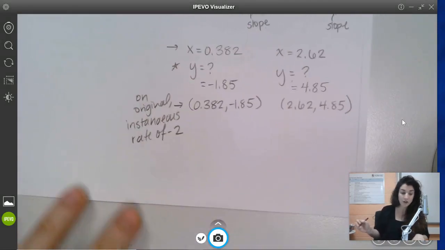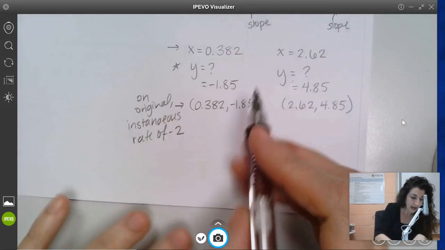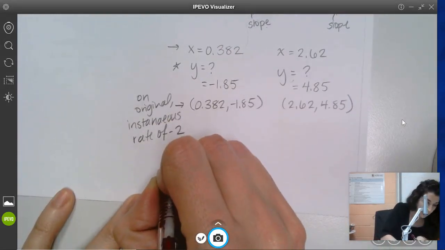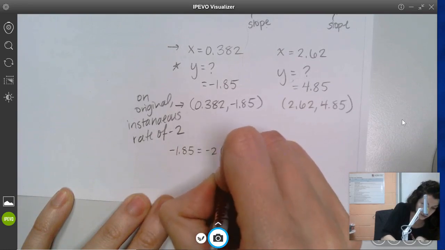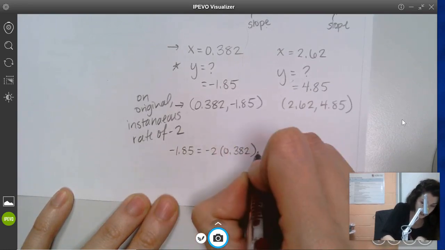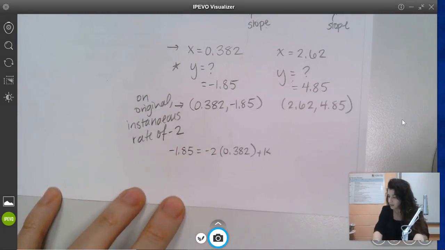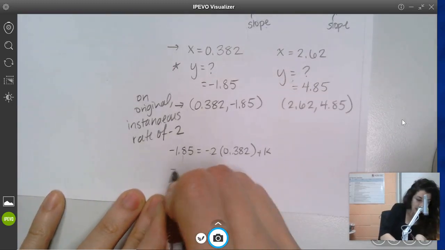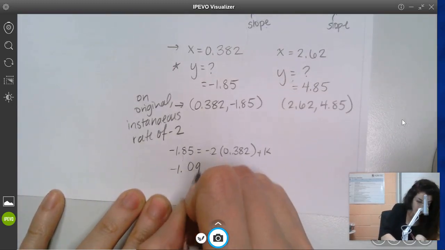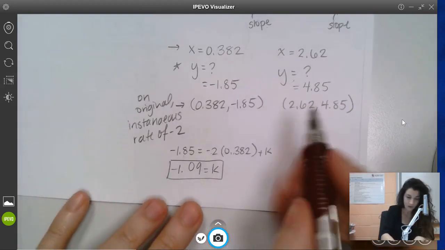All right, so I'll do one with you, and then I'll have you do the last one on your own. We have the y value, so we've got -1.85 equals -2 times 0.382, plugging in your x, plus k. Multiplying those out and adding this to the other side, we get -1.09 equals k, and that is one of your answers.